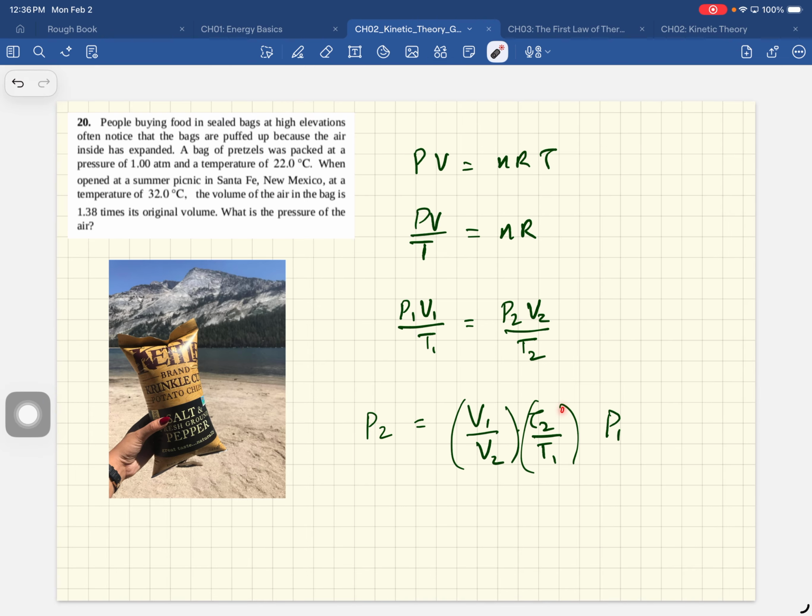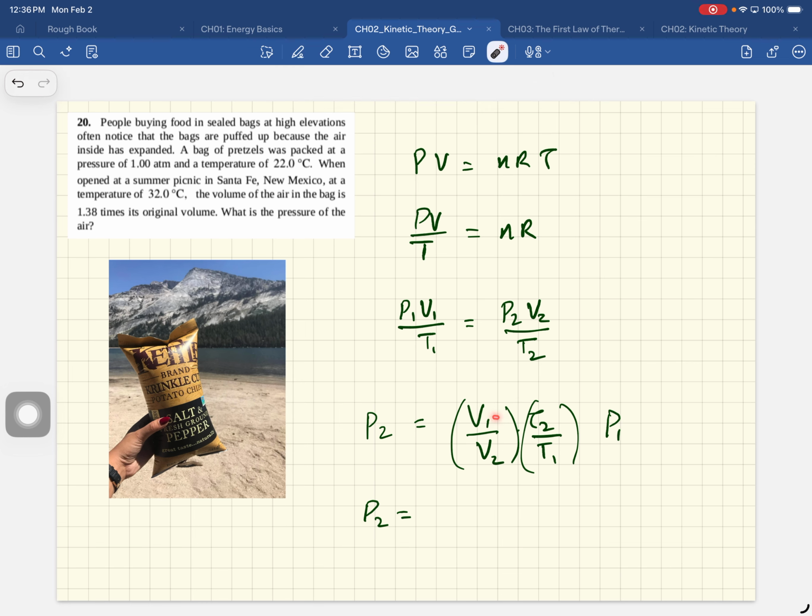They give us the temperature ratios. In these formulas, what unit does the temperature need to be in? Kelvin. Okay.